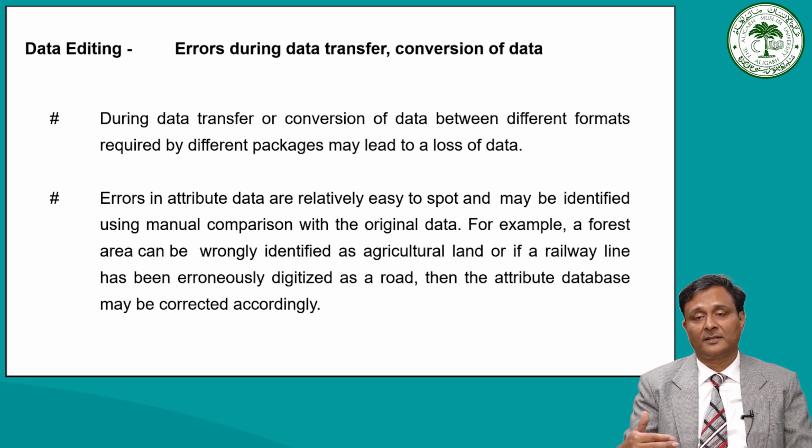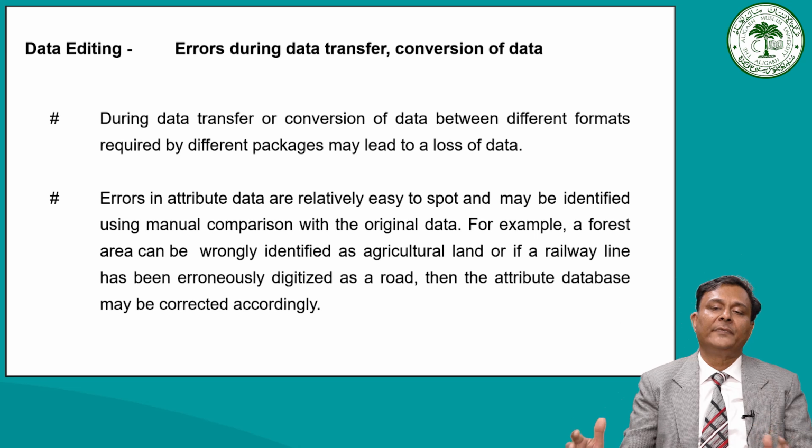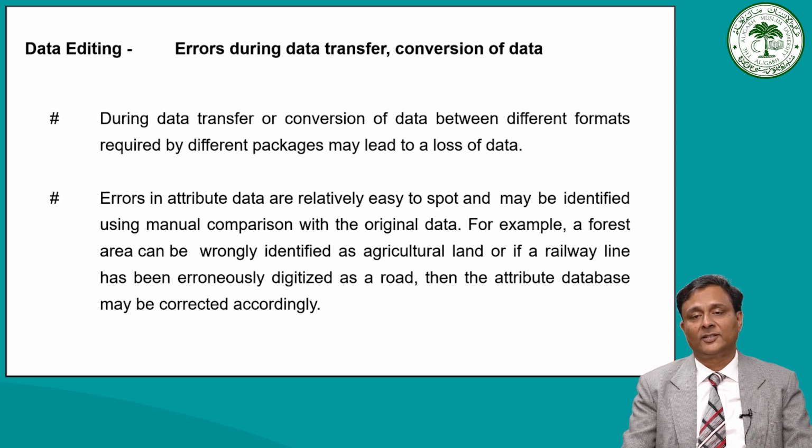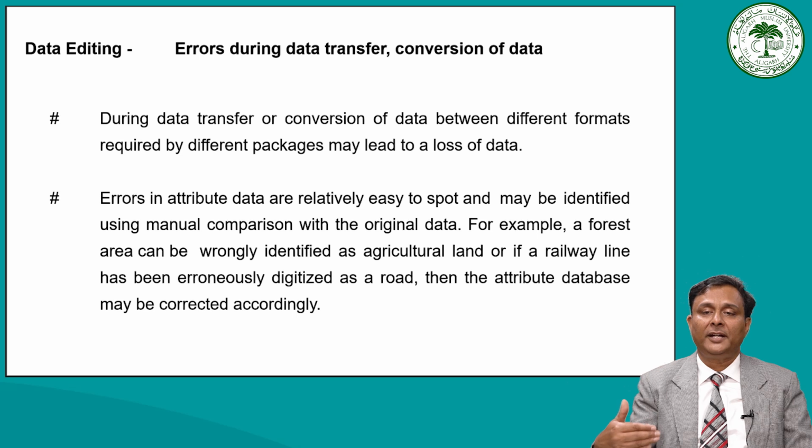We have discussed vector format and raster format. Both have different ways of incorporating errors into the spatial information, and the method of data capture can also bring in some kind of errors. For that we need to be very cautious.